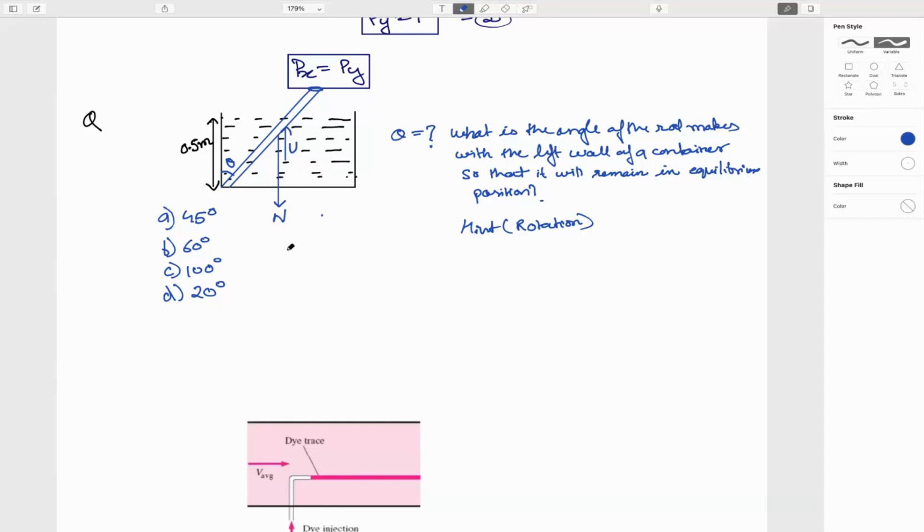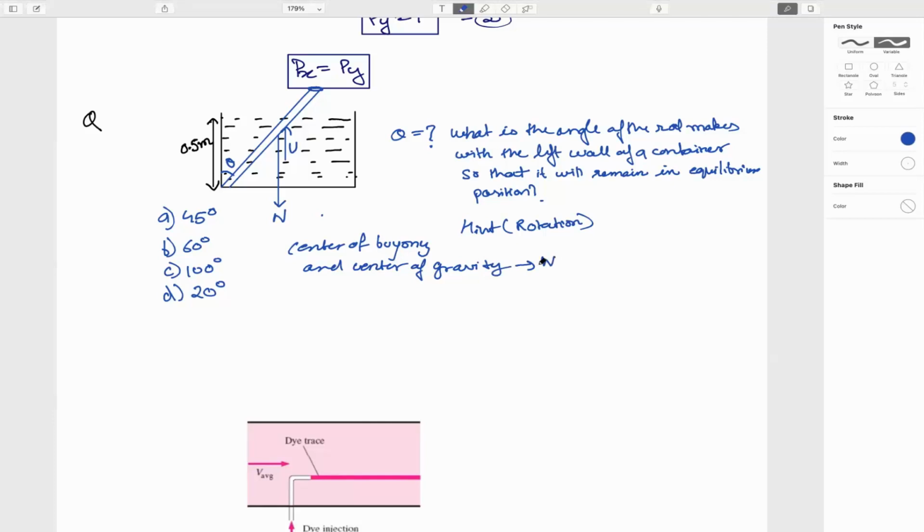So here the question comes: the concept of center of buoyancy and center of gravity.